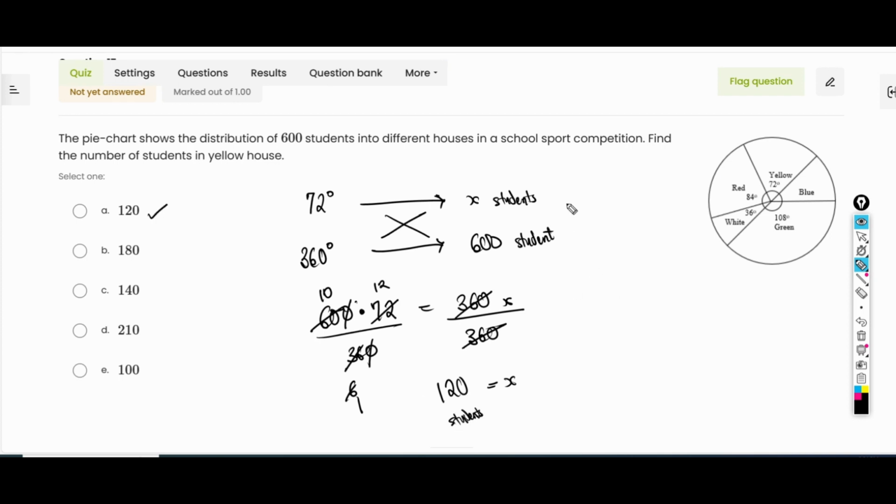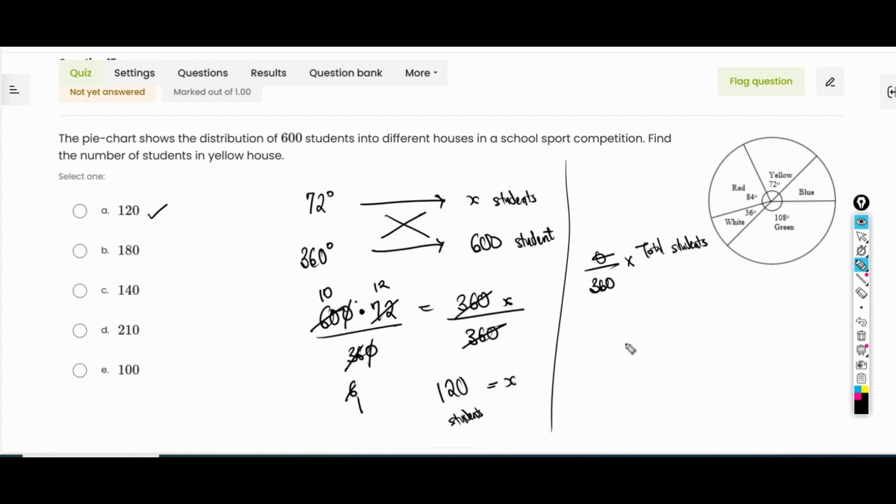That's A. Okay, another formula that people use is, you could say theta, the angle over 360, times the total number of students, right? It's basically the same thing.